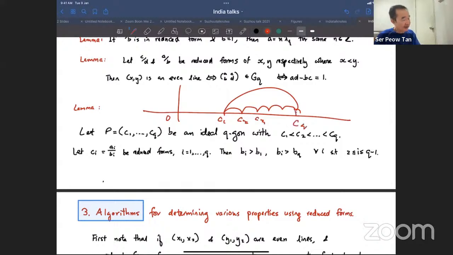Suppose the reduced forms are of the form A_i over B_i. Then for the reduced forms of all the cusps in between, the denominator is always bigger than the denominators of C1 and CQ.